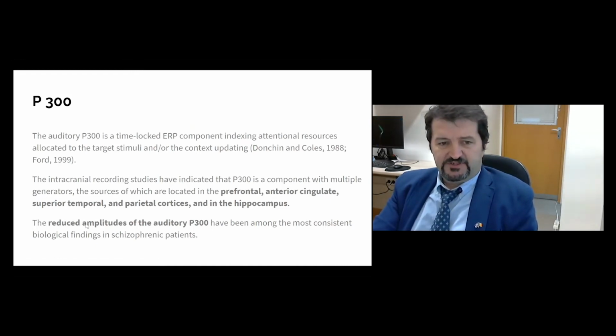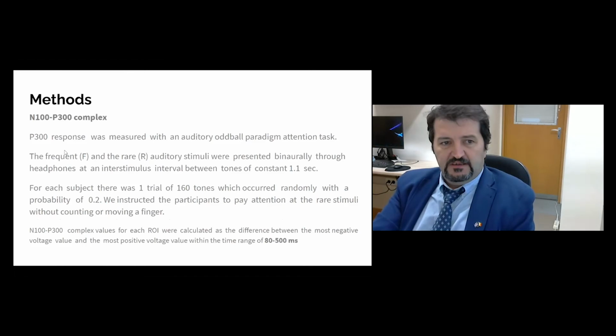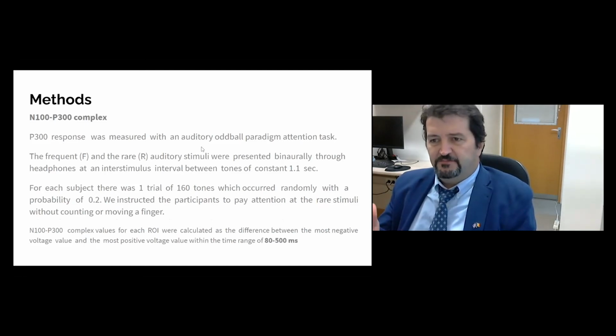And it was shown that this P300 has reduced amplitude in patients with schizophrenia in comparison with healthy subjects. So what we did is a known oddball paradigm, P300. I can simulate it like beep, beep, beep, beep with another tonality. So sometimes a rare stimulus appeared with another intensity.